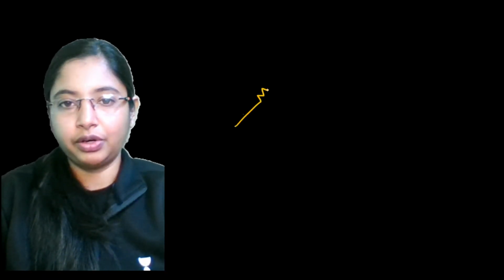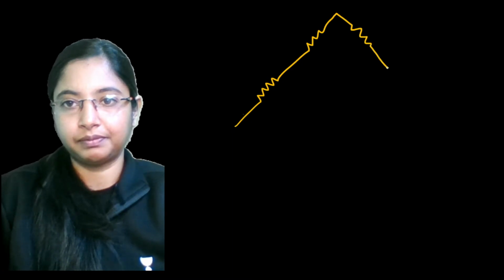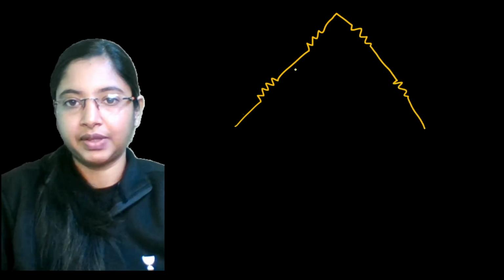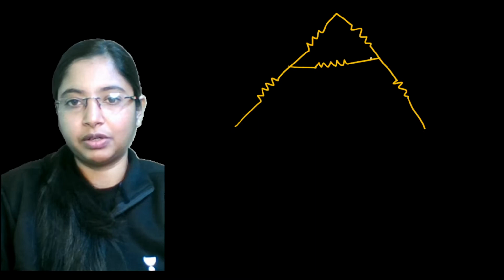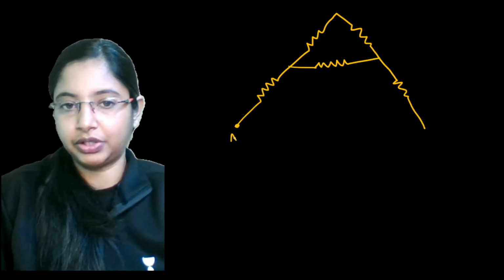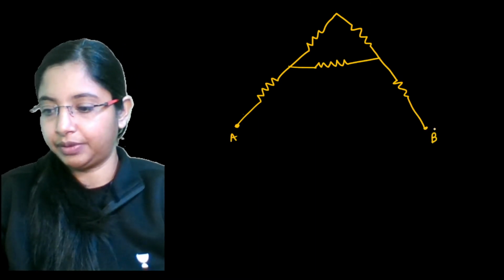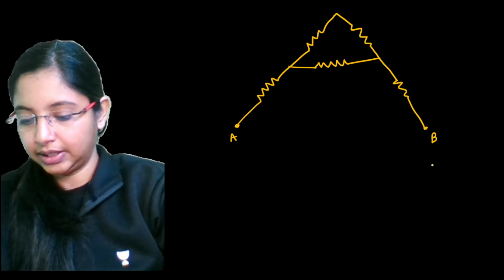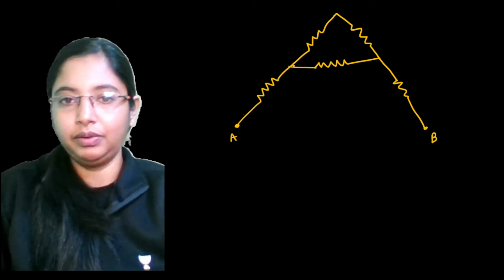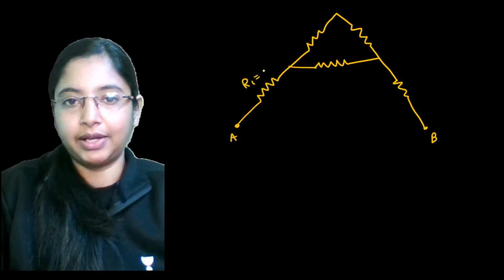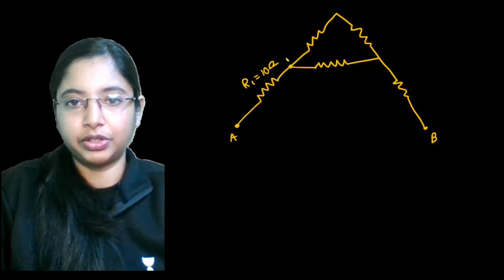Okay, so if I draw my resistance right now, I'll have a combination like this. Across the point A, across the point B. Now let's say this R1 has a value of 10 ohms. This is point B. R2 has again a value of 10 ohms.